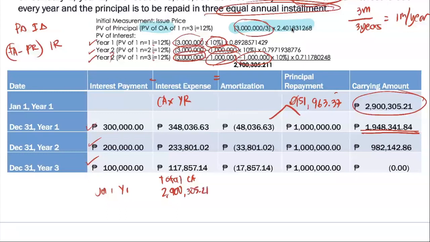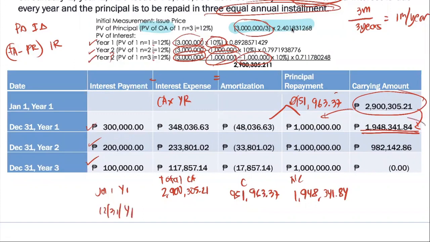I told you if that is a serial bond, we get the current and non-current portion. The current is the total amortization, 951,963.37. The non-current is the carrying amount next year, 1,948,341.84.